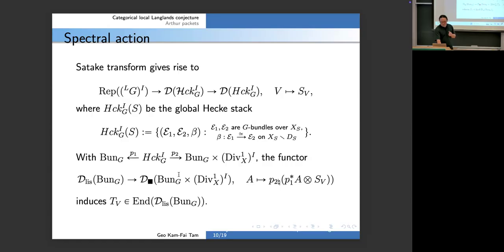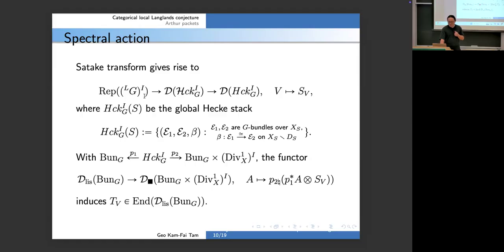So if you project back to Bun, then this operation gives you an endomorphism on this derived category of Bun. All these come from this given representation V on the representation side.